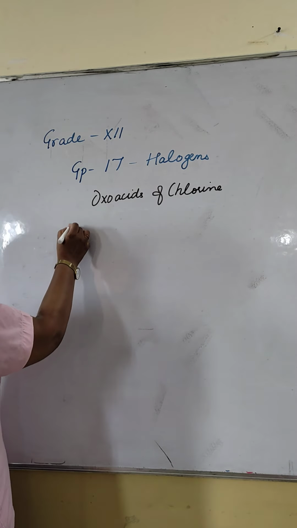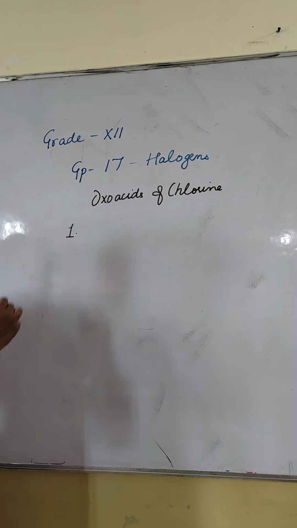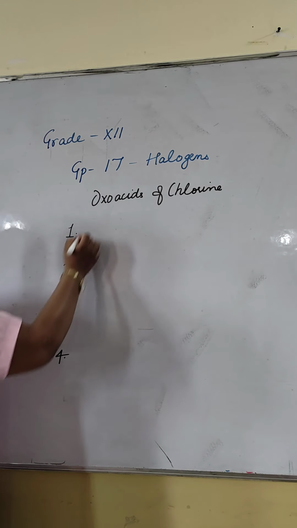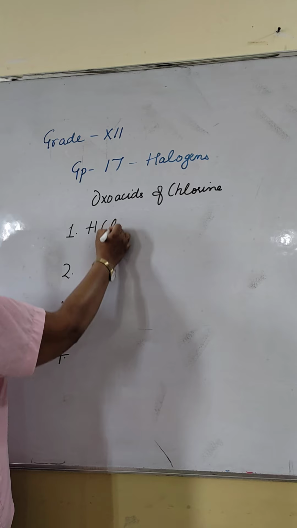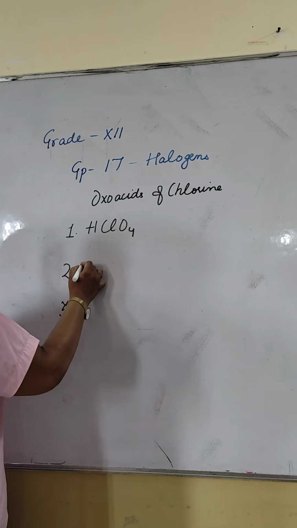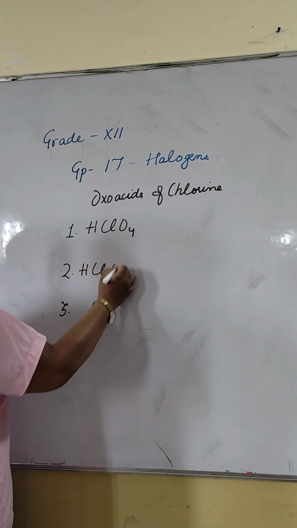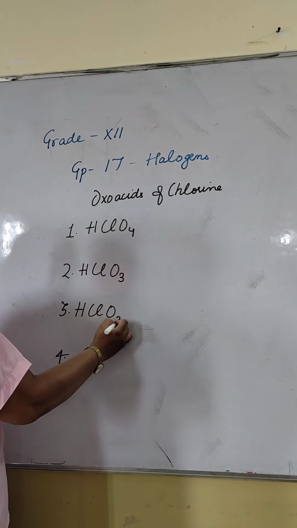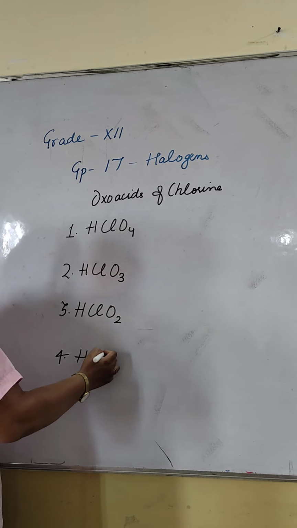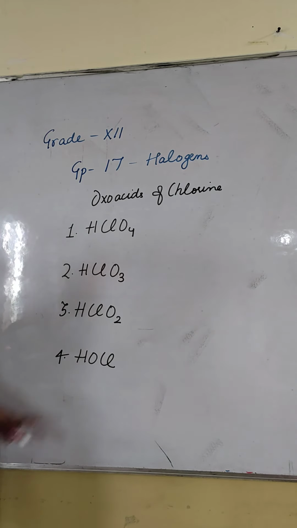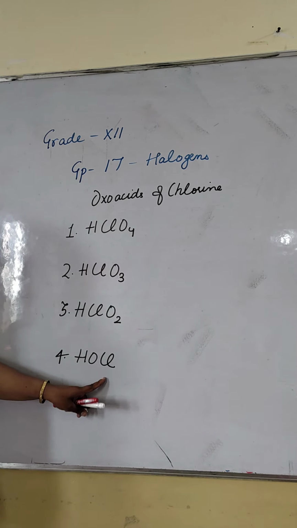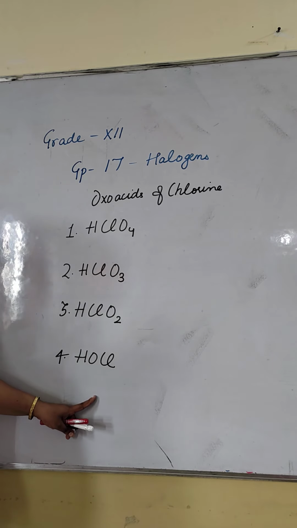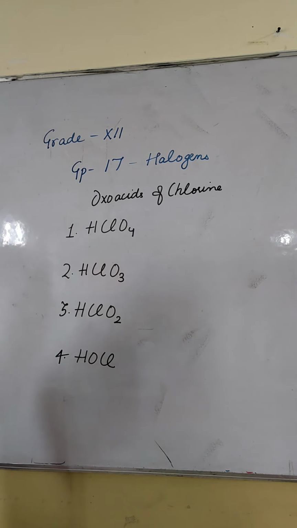We will take 4 oxo acids: HClO4, HClO3, HClO2 and HOCl. Beta, HOCl is the basic unit in all of these structures. HOCl is the basic unit in all these structures.